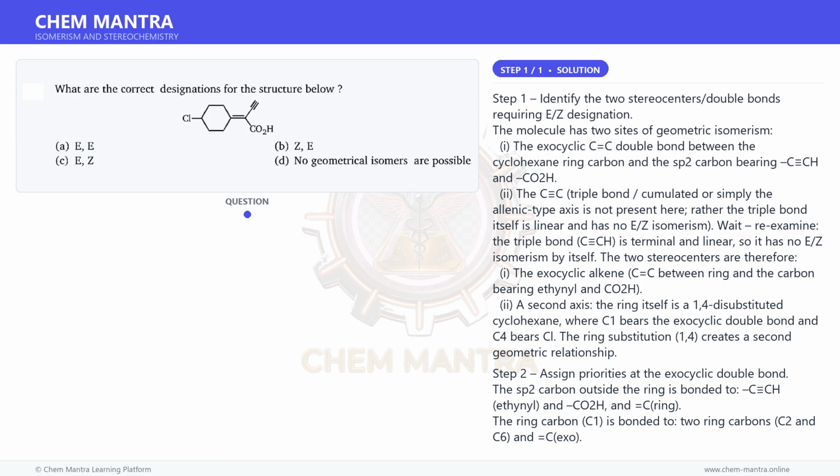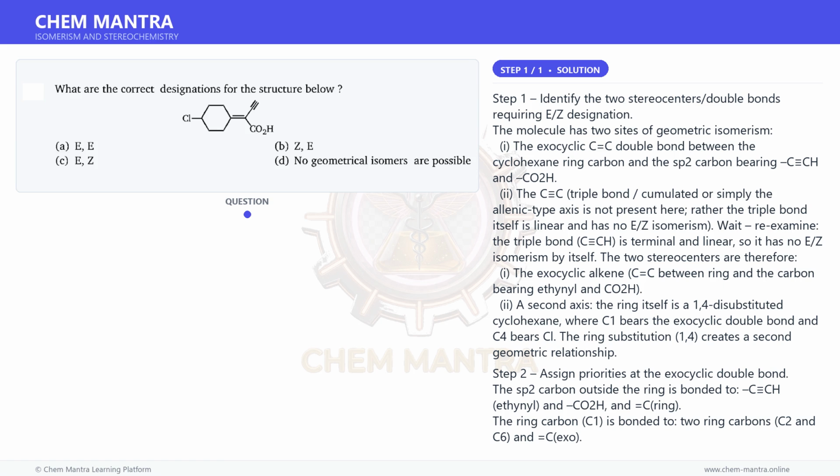Step 4. Assign E/Z for the ring, the 1,4-disubstituted cyclohexylidene, in the ring double bond context. For a 1-chloro-4-substituted methylidene cyclohexane, the ring itself can be considered: C4, Cl relative to C1 double bonded to the exocyclic carbon. The Cl at C4 can be on the same side as CO2H, Z, or on the opposite side, E, relative to the ring plane and double bond geometry.